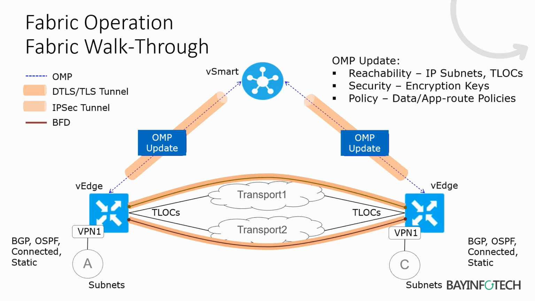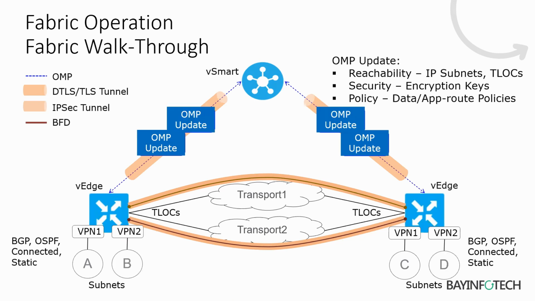The vEdge router will place the learned subnets into the relevant VPN based on the inbound service-side interface or sub-interface, and advertise the reachability to the vSmart controller using an OMP update message. The vSmart controller will in turn pass this advertisement to the vEdge router in the topology, and the same process will occur for the other vEdge router, and bidirectional connectivity between the service-side subnets will be established.